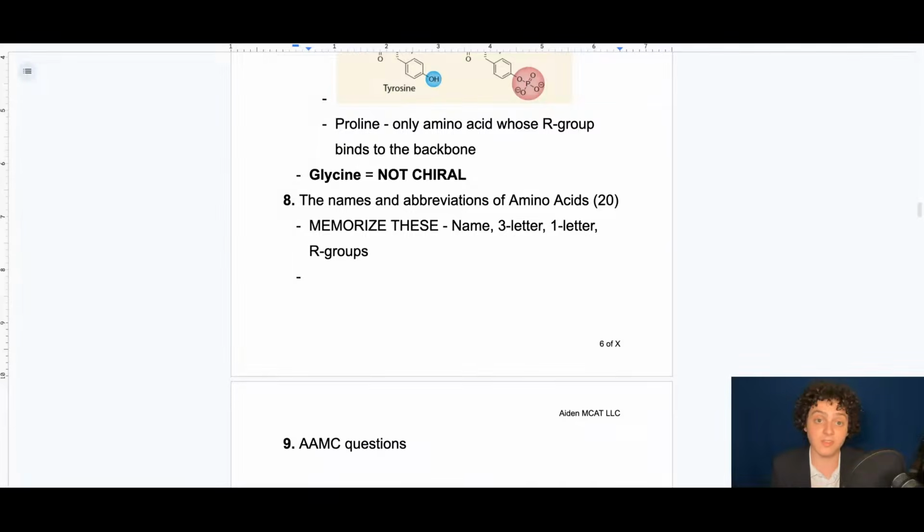Which are the 20 that nature has chosen as the side chains of the building blocks of proteins that our genetic code encodes for? So it's those 20, and that's what I would recommend first, understanding what amino acids exist.